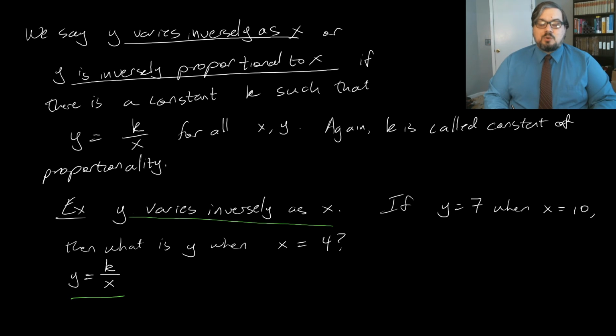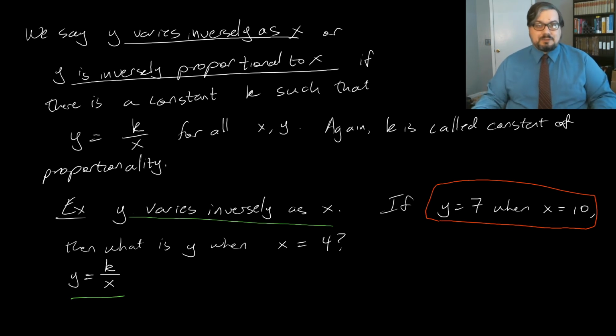Now, in order to answer the final question, what is y when x equals 4, we need to know what the constant of proportionality is. When working with a problem involving proportions, either direct or inverse, we always need to be told some complete piece of data. We need to know everything that there is to know about at least one situation.